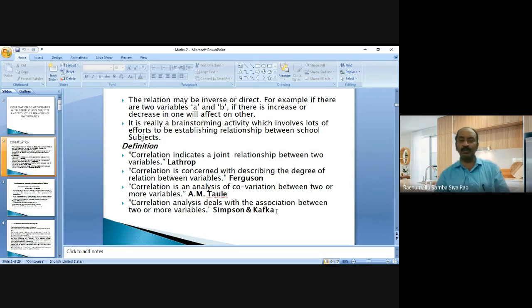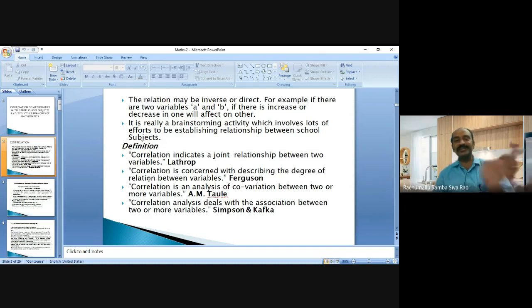Based on these definitions, we may conclude that correlation is nothing but a reciprocal relationship between two variables.